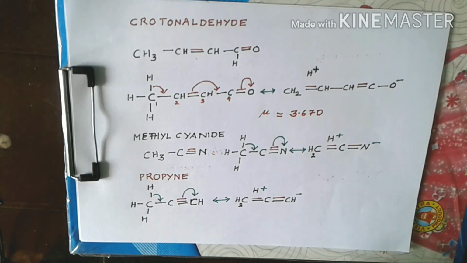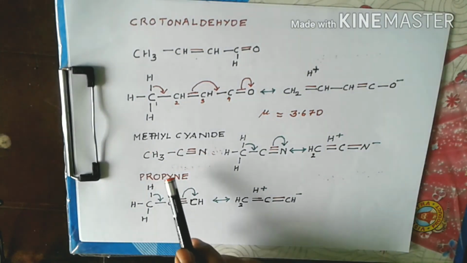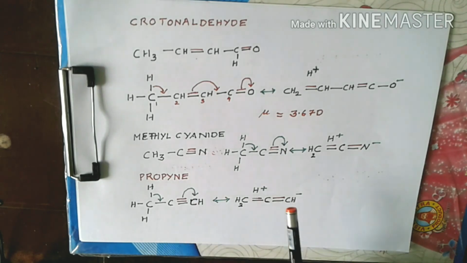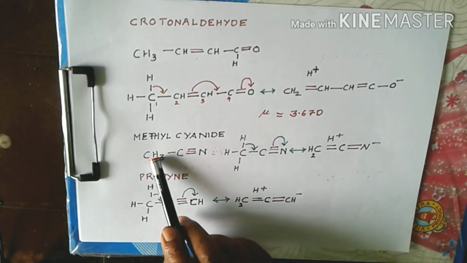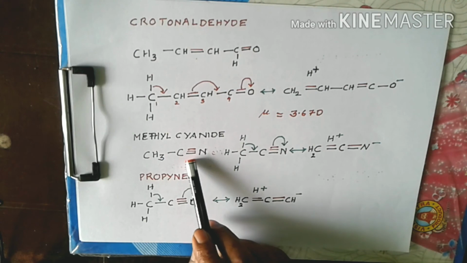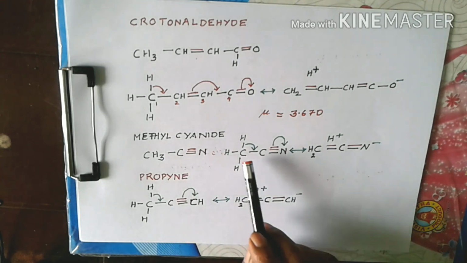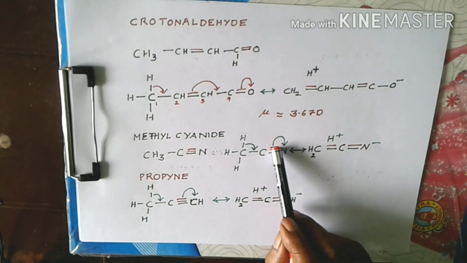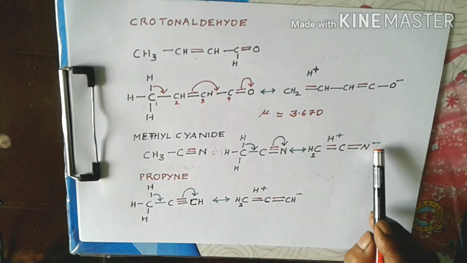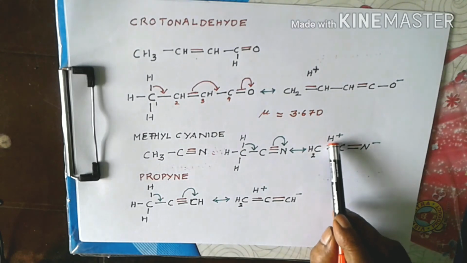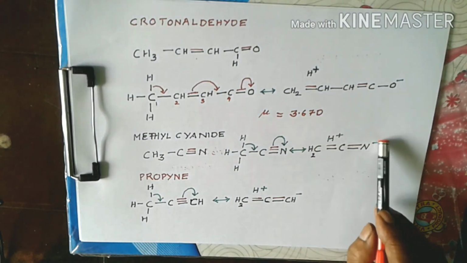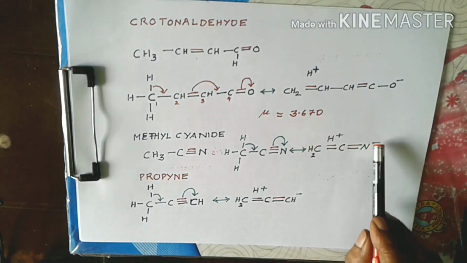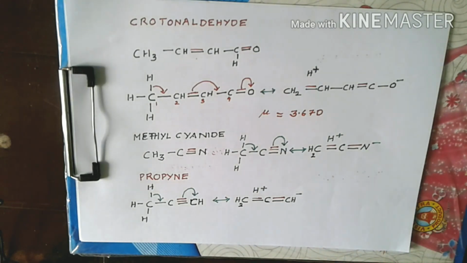Now coming to another example, that is methyl cyanide, CH3CN. Here also the 3 CH bonds are conjugated to this triple bond. So 3 such canonical structures are possible. The CN bond ionizing in this direction, we get N negative, then H as H positive, combined into a single structure. We have 3 such canonical structures, and so methyl cyanide is also showing hyperconjugation.